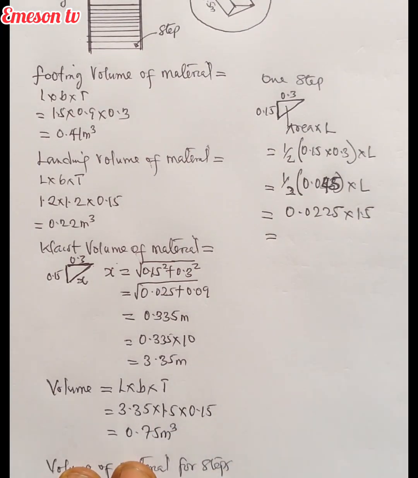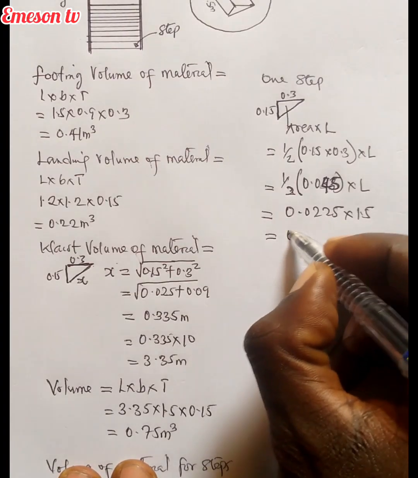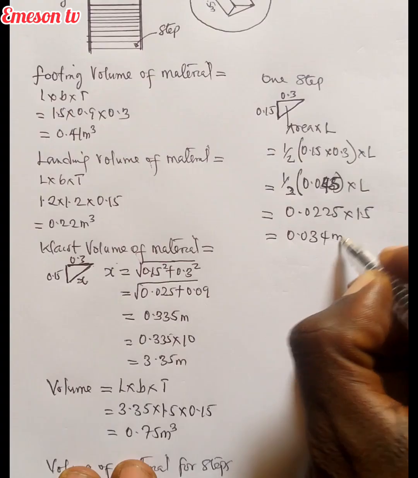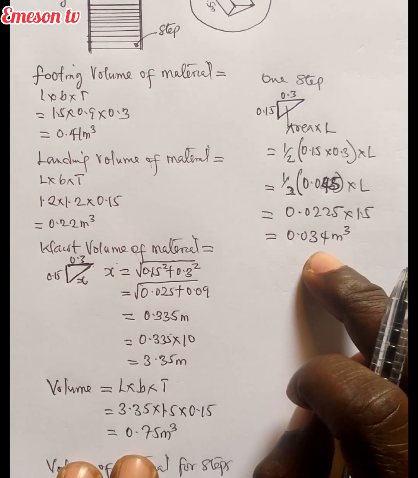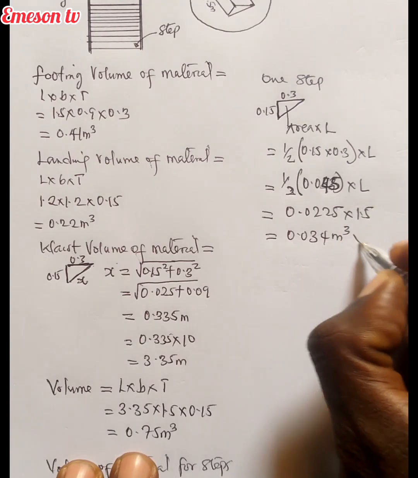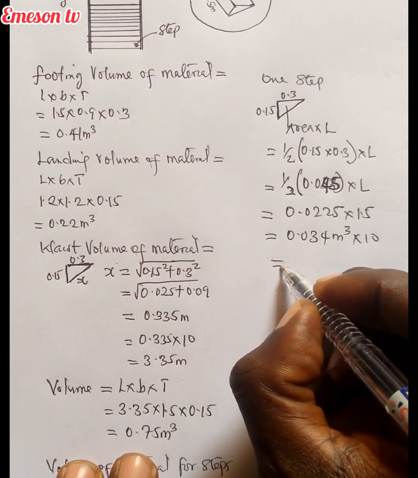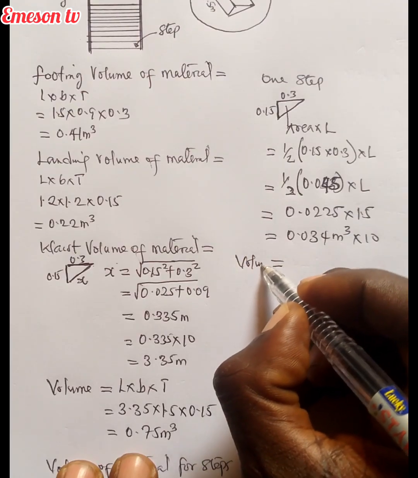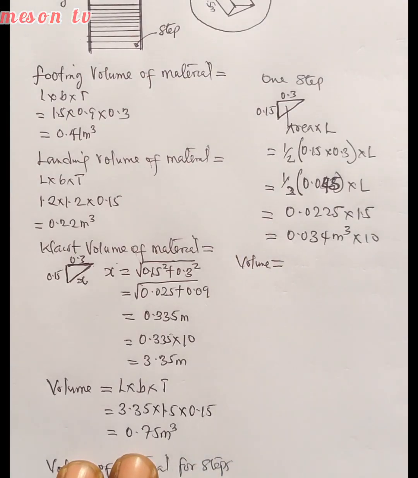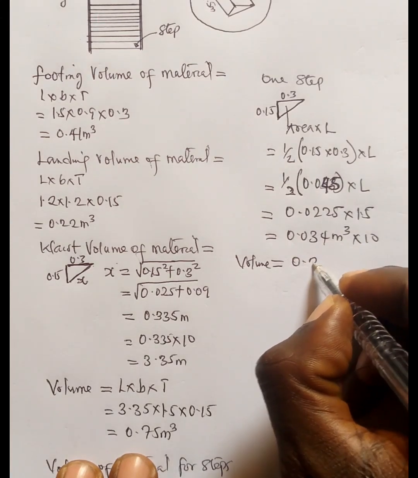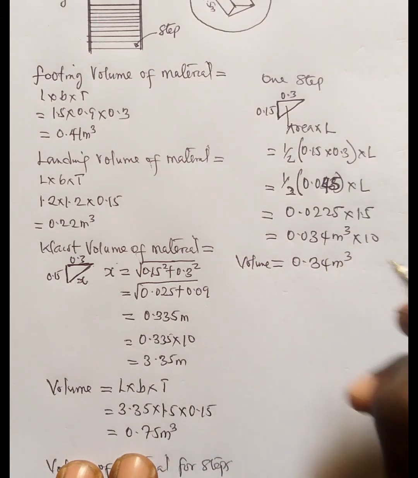This multiplied by this will give us approximately 0.034 meter cube. So this is the volume for one step. For us to get the volume for 10 steps, it has to be multiplied by 10. So the volume becomes this multiplied by this to give us 0.34 meter cube.